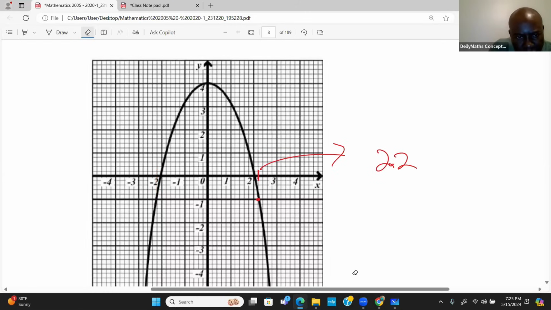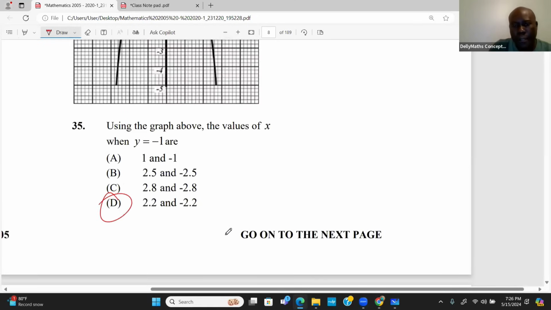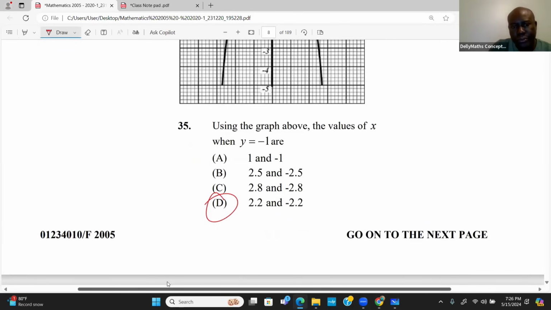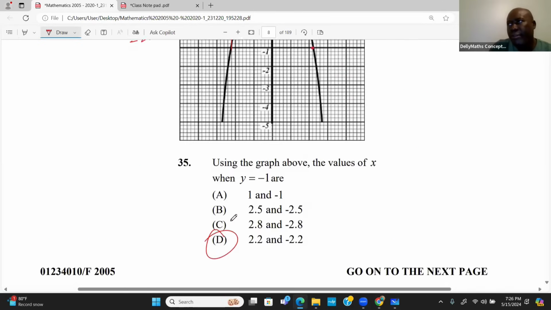Oh, it's at -2.2. It's right here, right here. So that's a -2.2. So we have +2.2 and -2.2. So you want to look if you have those. See, it's right here. So you just have to look. It's regular, nothing unique. So regular way in which we read off our graph.